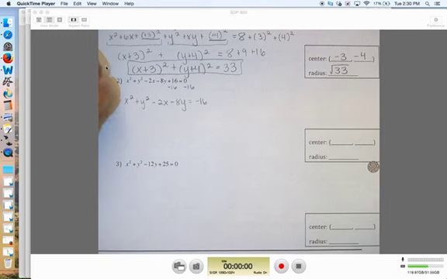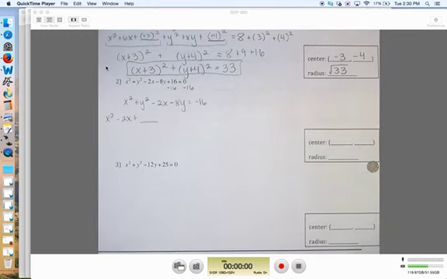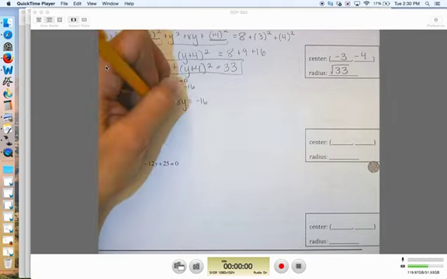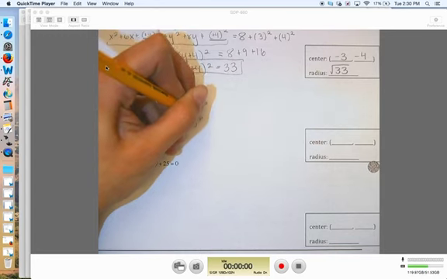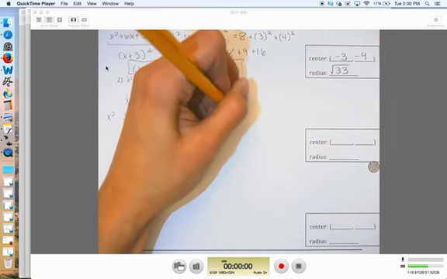Next, we're going to group the x's together and leave a space. So x squared minus 2x plus blank. And then we're going to group the y's together. Plus y squared minus 8y plus blank equals -16.